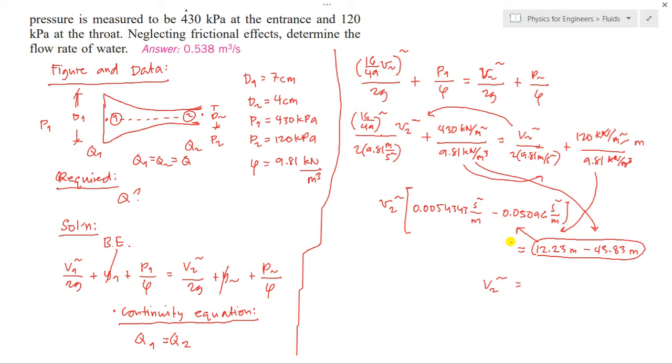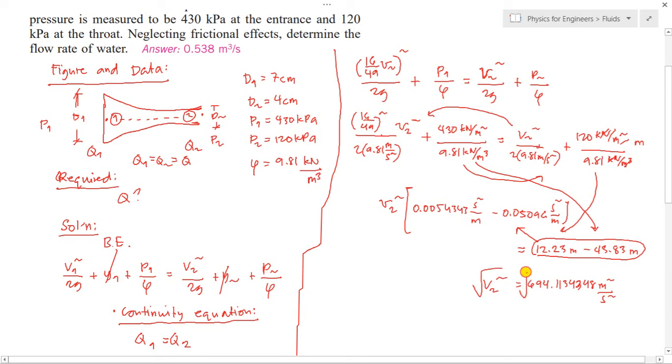The answer here is 694.11, that is meter squared per second squared.